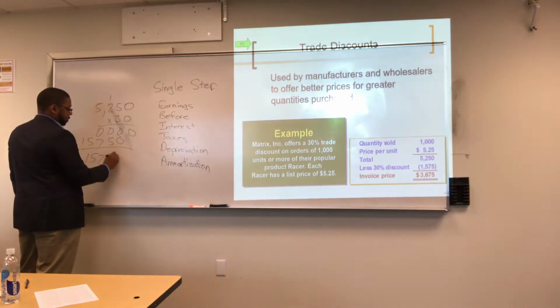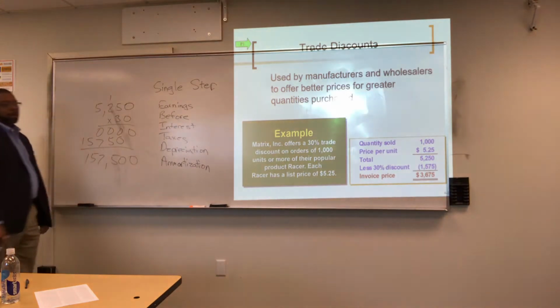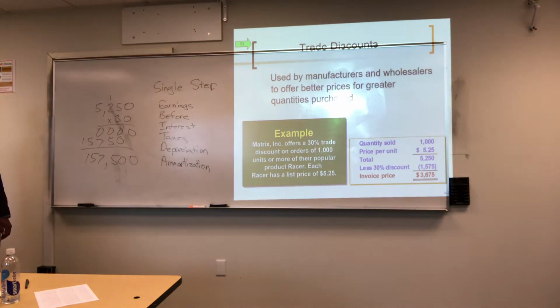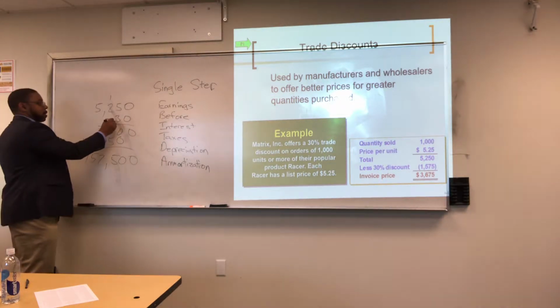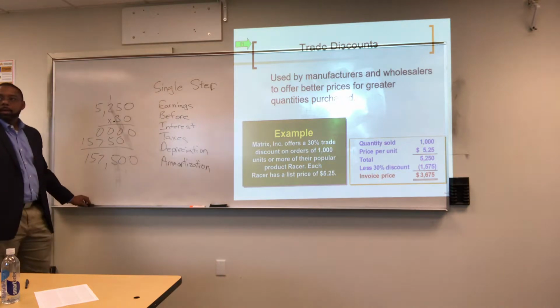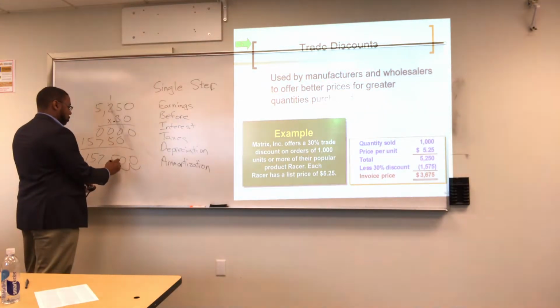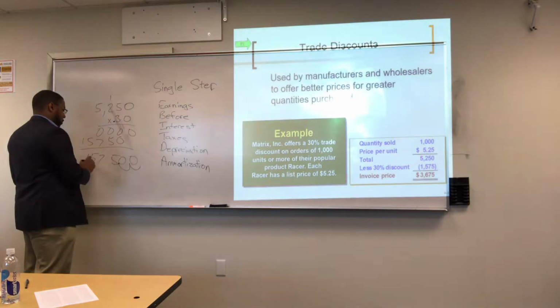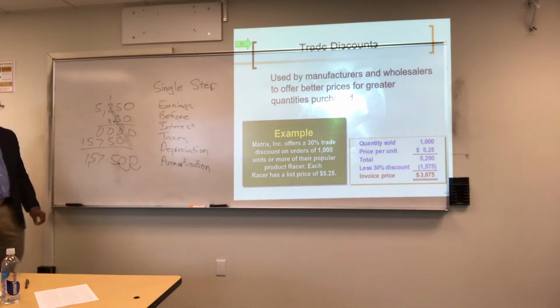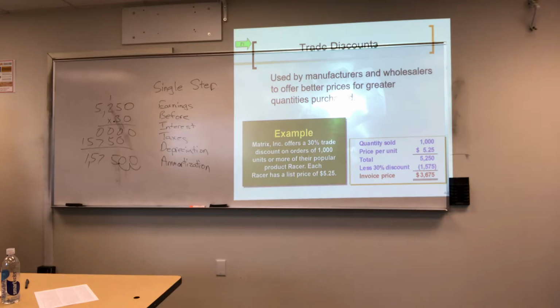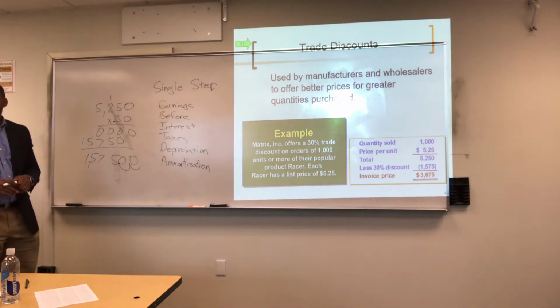They'll come out with a huge number as the discount. What's wrong with that? It's 0.3, right? Everyone with me? So then move this decimal over. It's 1,575. So that's a common mistake.